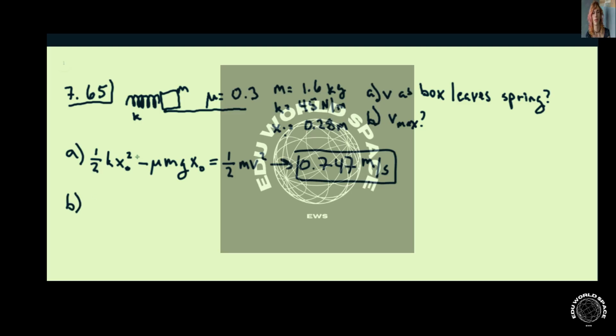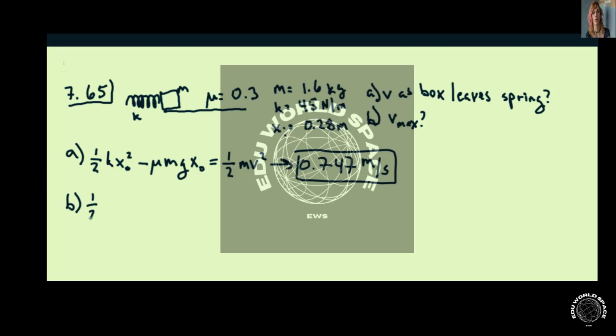Now, let's have a variable x, the distance along which the box has traveled, and we want to maximize the speed as a function of that. And x naught will be the initial compressed length.